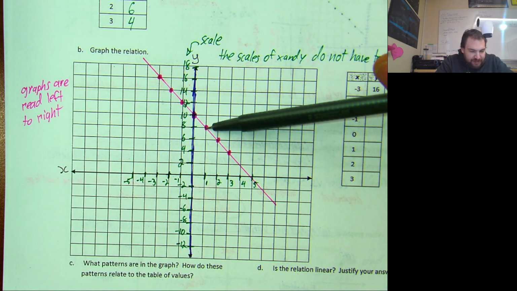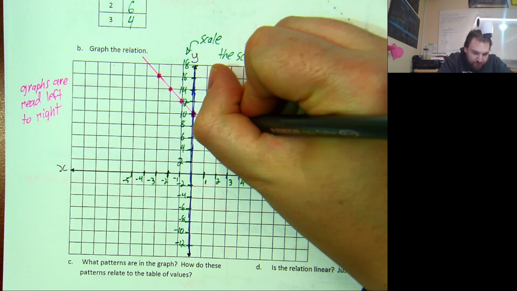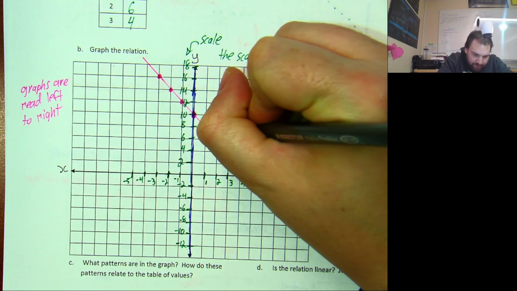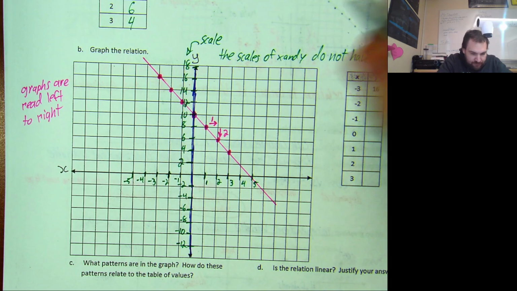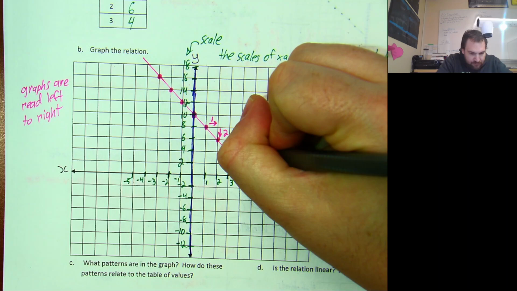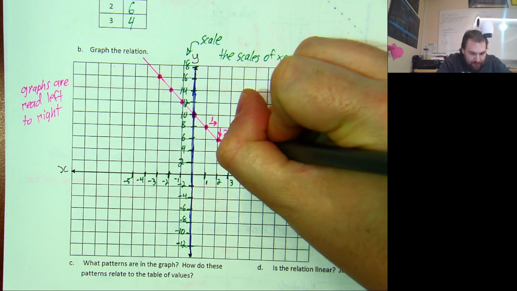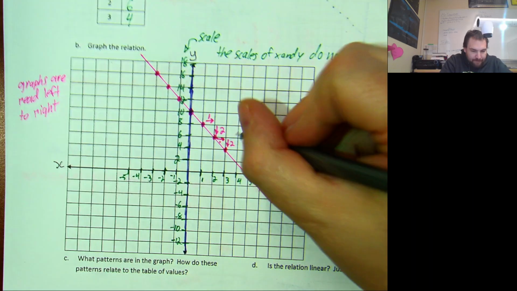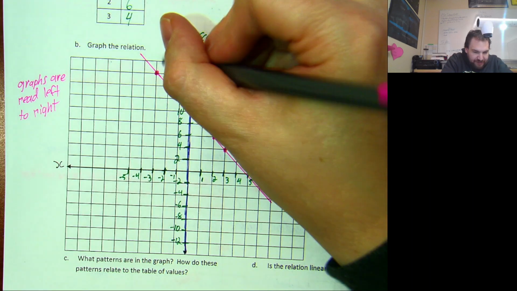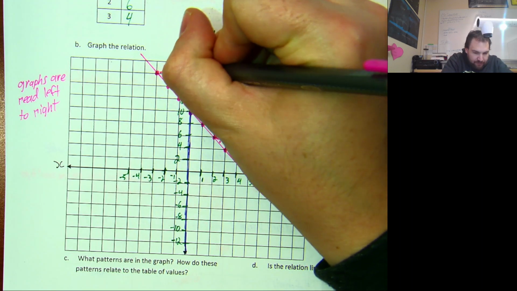So to go from this point to this point, what am I doing? Well, I'm going over 1 that way, and I'm going down 2 that way. Is that always true between these points that I've labeled? Going from here to here, over 1, going down 2. Or from this one to this one, over 1, down 2.